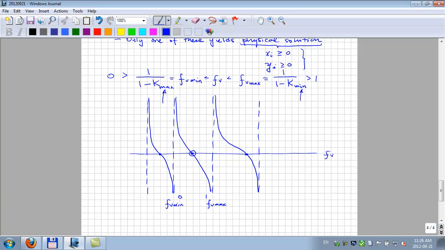Okay, so this is always going to be negative. This is always going to be greater than 1. So that 0, 1 is in between there.